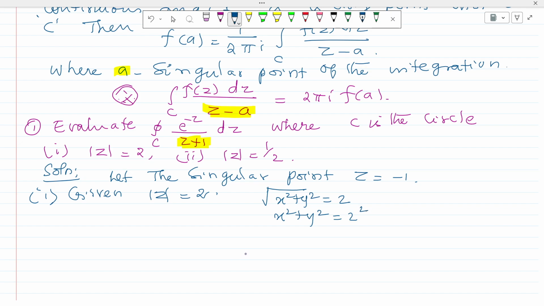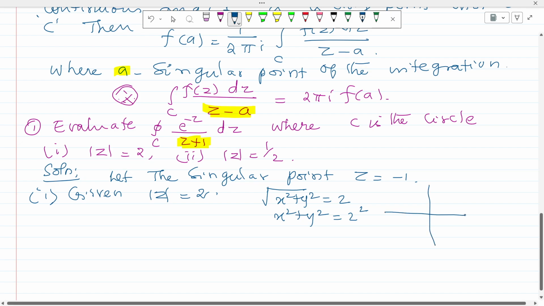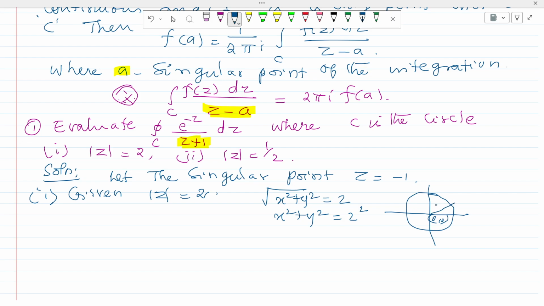This is the equation of the circle with the center at the origin and radius 2. So we can draw one circle here, with origin 0, 0 and radius 2.